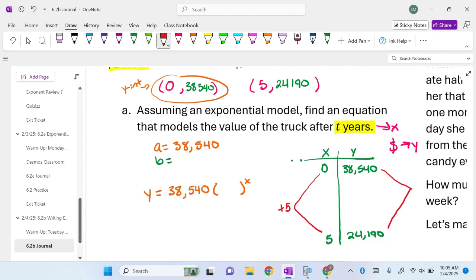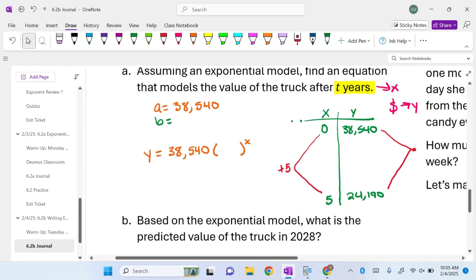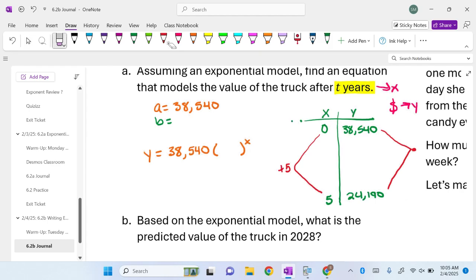Now, what do I need to multiply 38,540 by to get to 24,190? How can I find that? How have we been doing it? So I'm just going between 38,540 and 24,190. So remember, you would do 24,190 divided by 38,540.